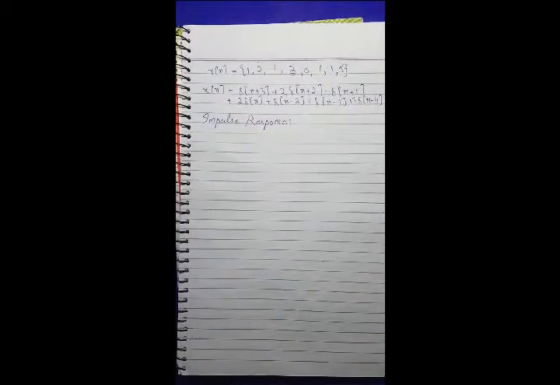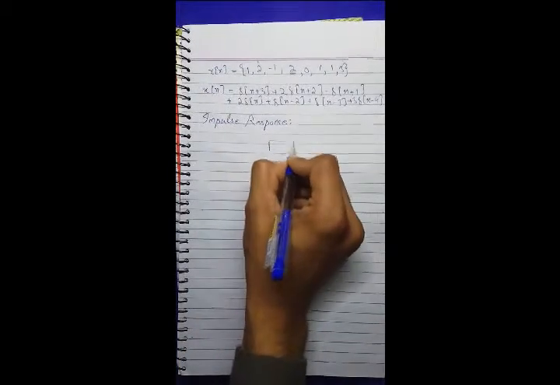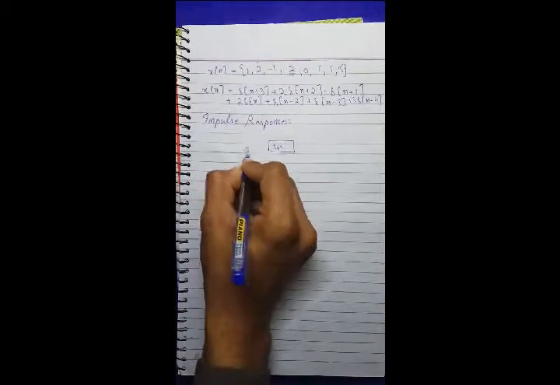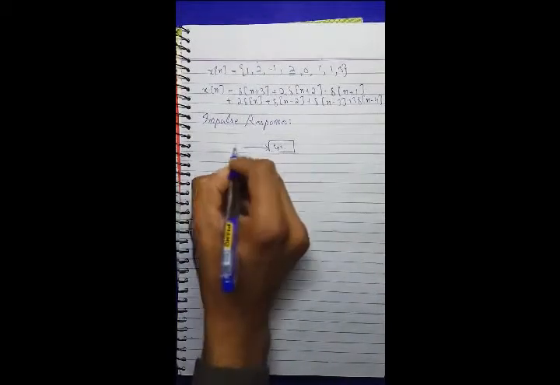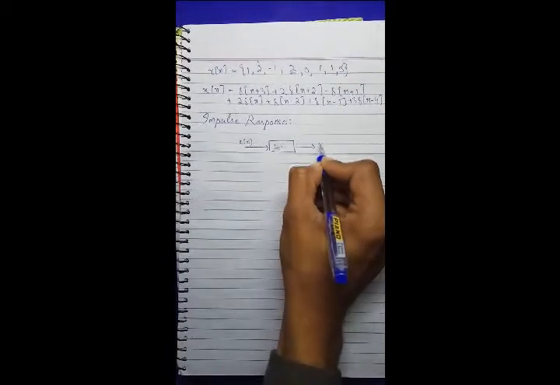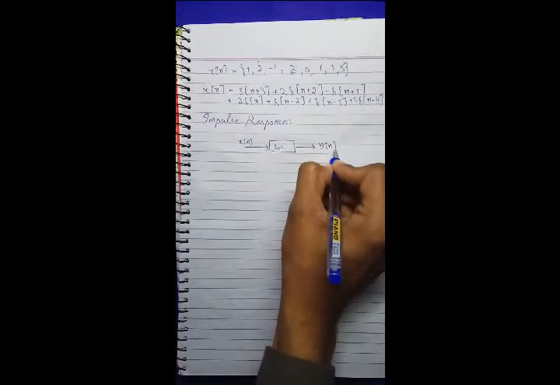Now we will see what is impulse response. If we have a system and we apply an input signal, we will get the output signal y of n.